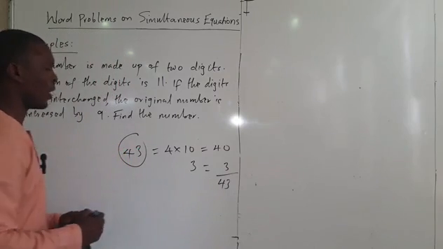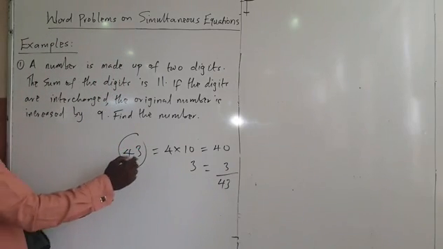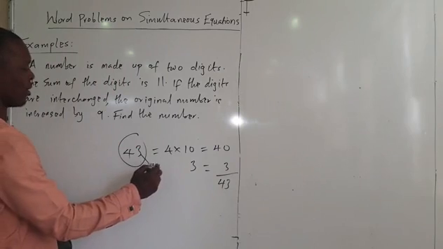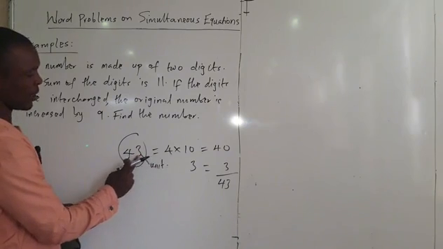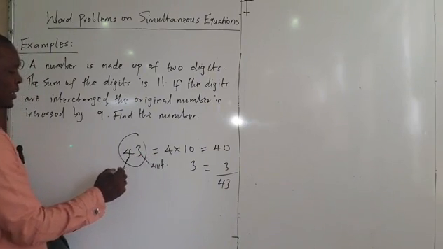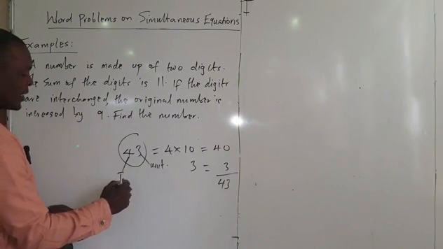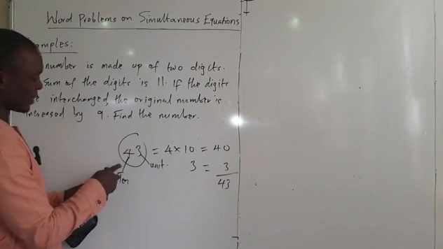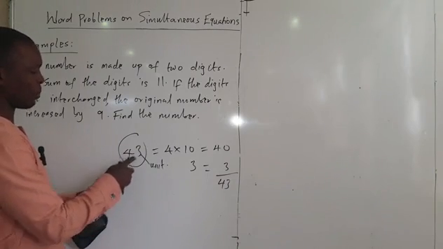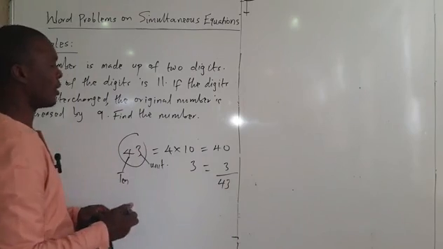The first digit is the tens, in the sense that you multiply the first digit by 10. That is 4 times 10, that's 40, plus 3 gives us 43.